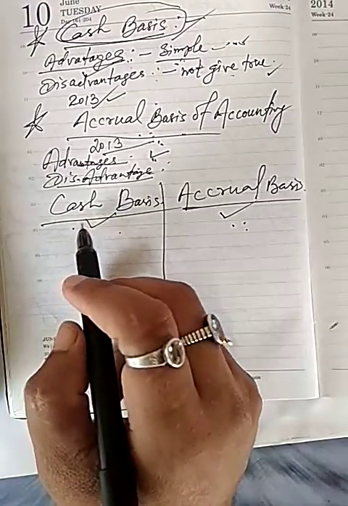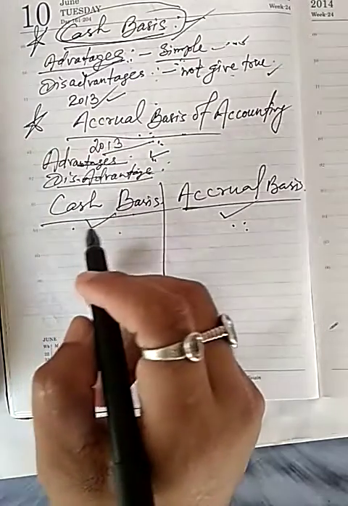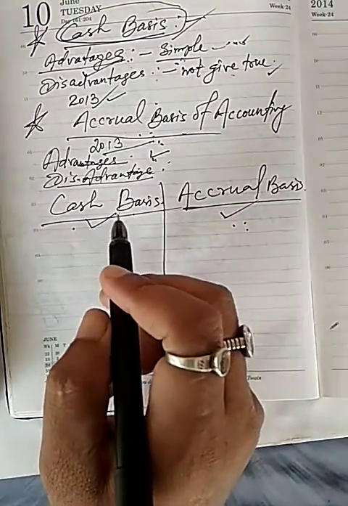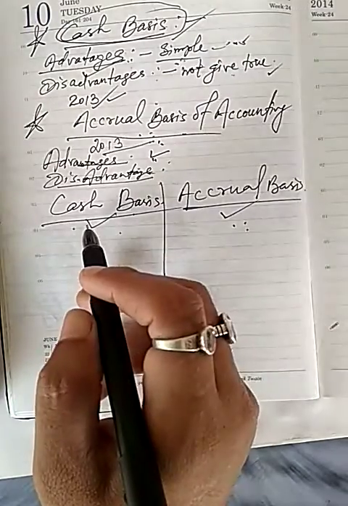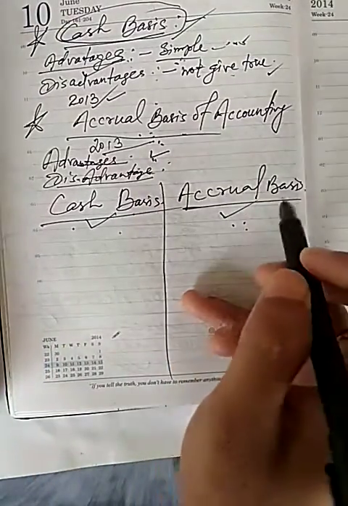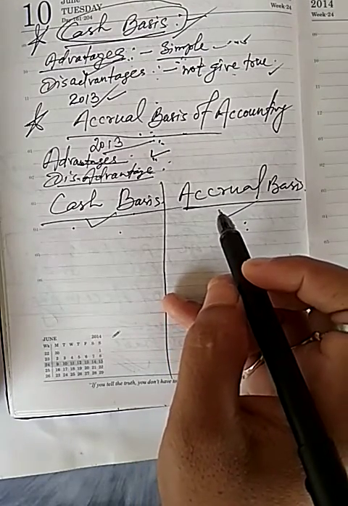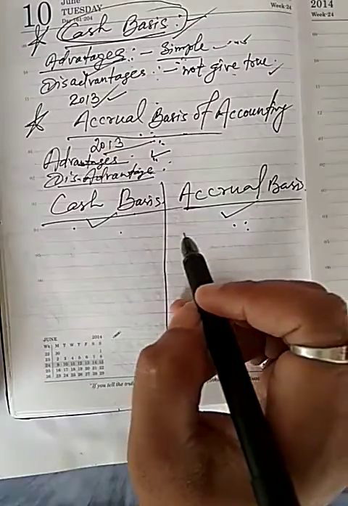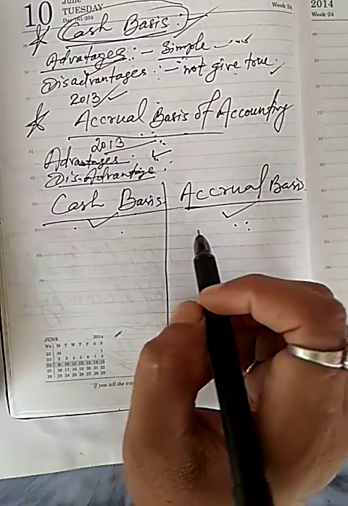Second, as per the cash basis, only those incomes are recorded which have been received in cash. But as per the accrual basis, all the incomes are recorded whether cash is received or not.